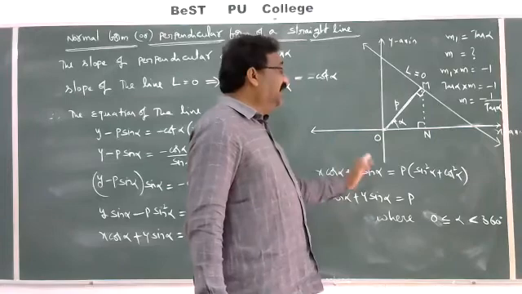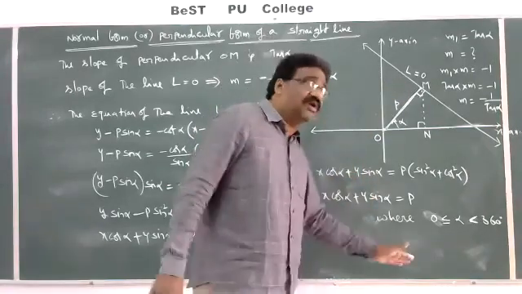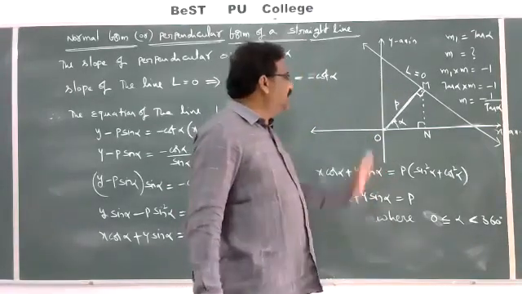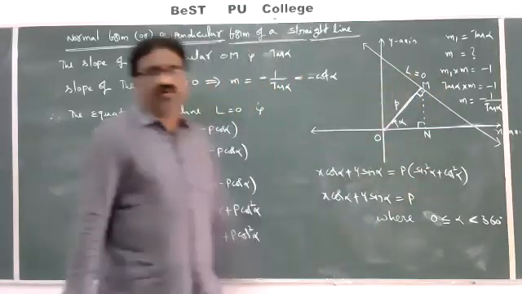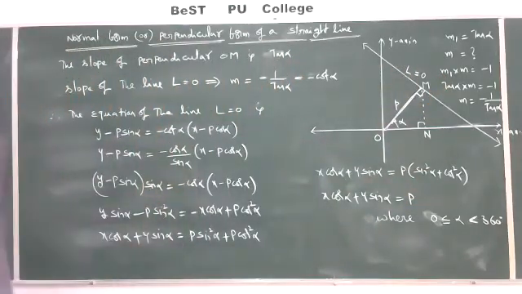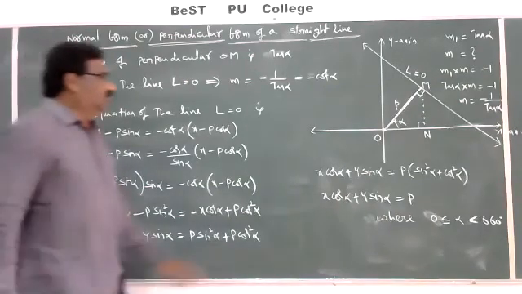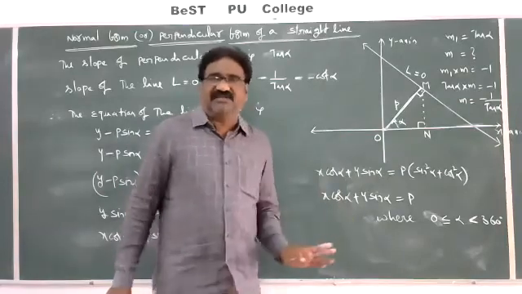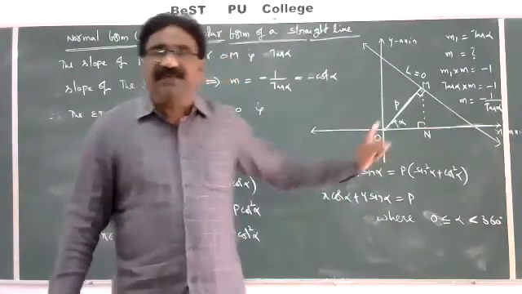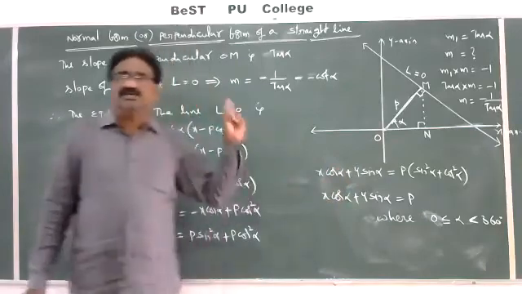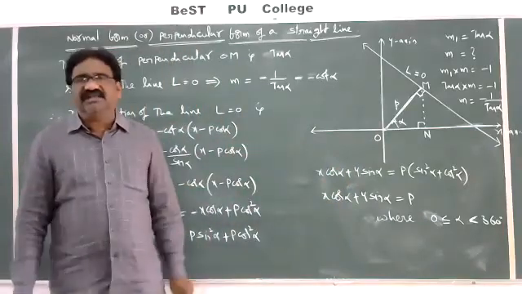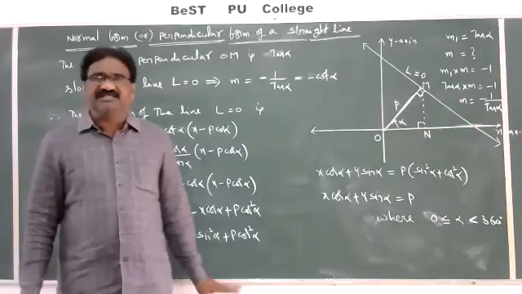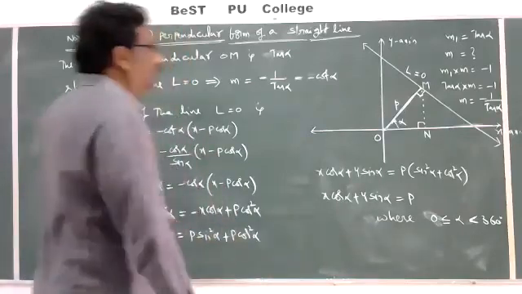Moving above 180 degrees, this line is in the third quadrant. Moving above 270 degrees, the line is in the fourth quadrant. Different cases are there. This is a very important theorem, and this form is very useful for problems also. X cos alpha plus y sin alpha is equal to p. Here p is the perpendicular distance from the origin to the given line L.